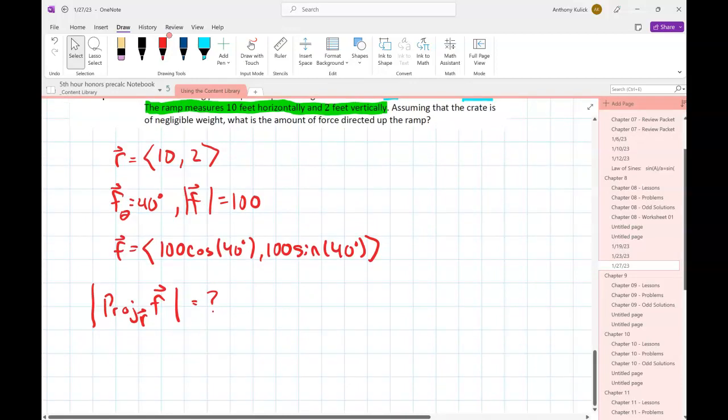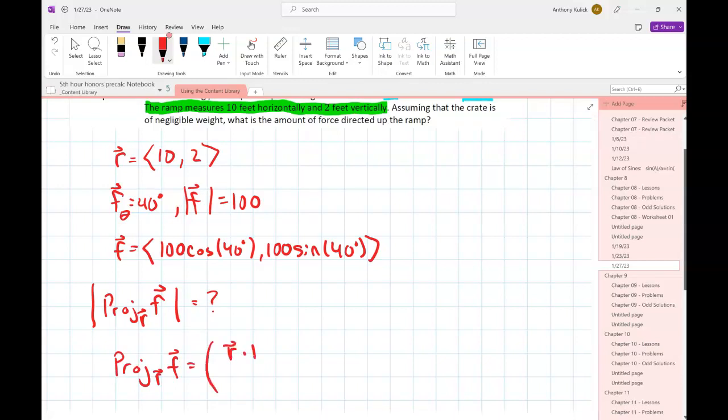It just turns out to be neater, I think, to do it that way. So the formula for the projection of F onto R is the dot product of R and F divided by the magnitude of R squared, times vector R.